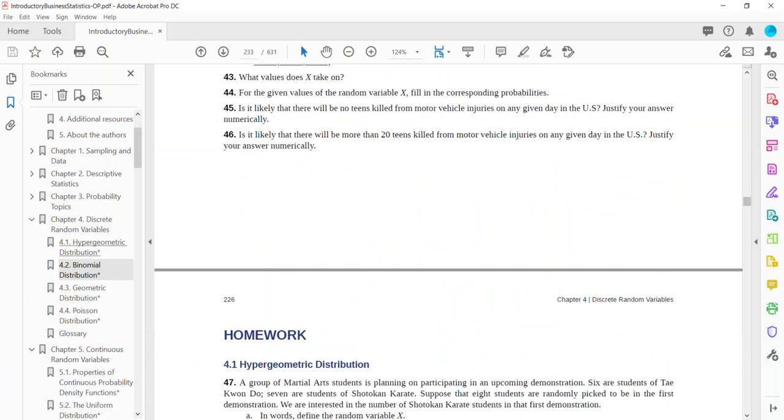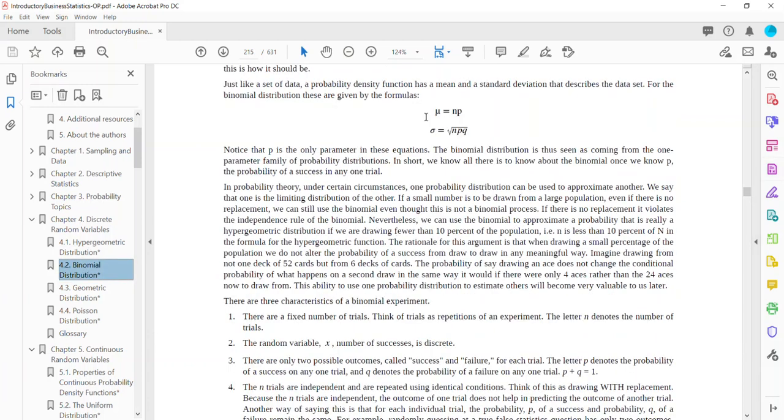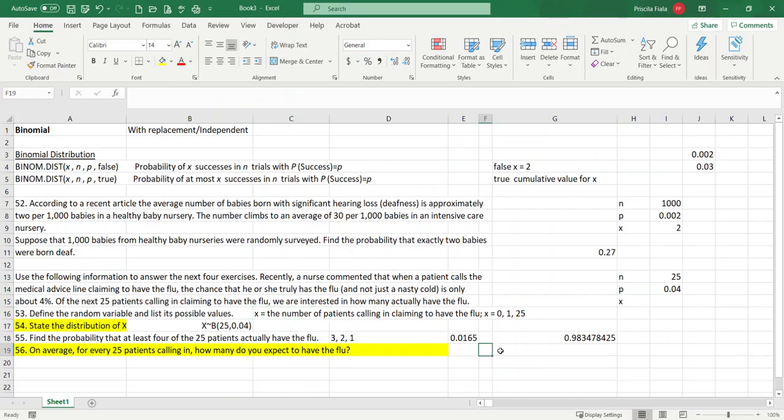If you go to the formulas right here, it tells you how to calculate the mean or the average, which is the sample size times the probability, and the standard deviation right here. You're going to do the square root of the sample size times the probability of success times the probability of failure. We just wanted the average, right?